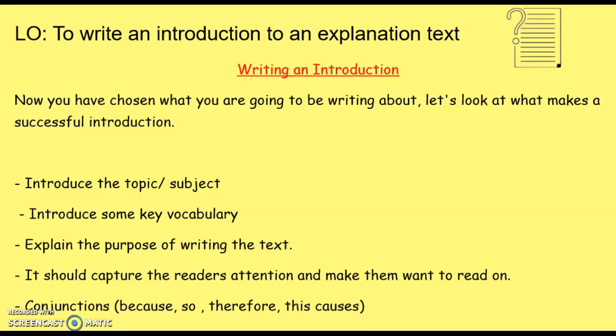Today you are only writing the introduction part of the text, so it's just the beginning part. To write a successful introduction, the first thing you need to do is introduce the topic or subject. You need to tell the reader what you're going to write about.